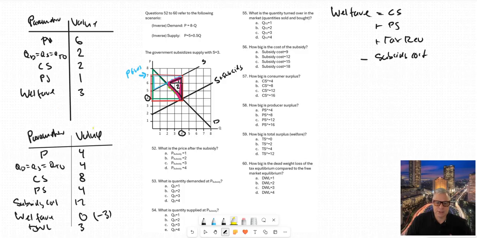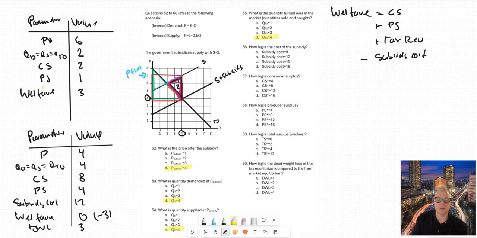Alright, so now let's answer the question. What is the price after the subsidy? Well, that went down to 4. What is the quantity demanded? That's 4. Quantity supplied, that's 4. What is the quantity turned over? That is 4. How big is the cost of the subsidy?